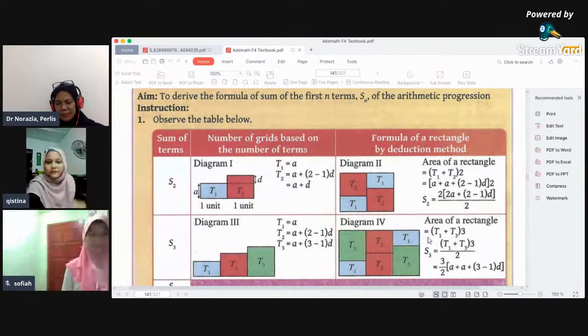We move to diagram 4. The same thing was done to diagram 4 as diagram 2. The same grid T1, T2 and T3 was put inversely to form a rectangle.